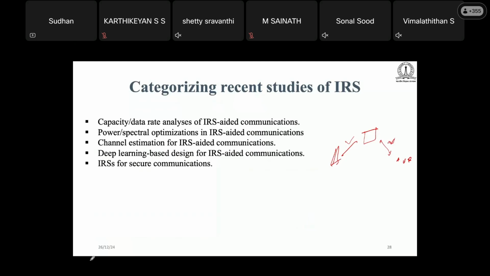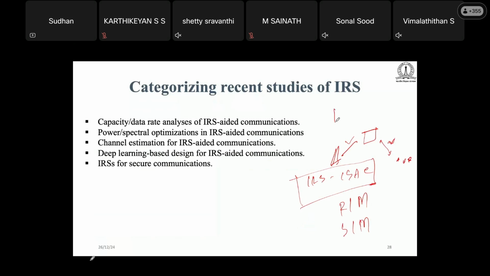Apart from this, a lot of work has also already started. IRS-assisted ISAC is another important area of work. And then there are also RIM, SIM, many novel types of IRS.